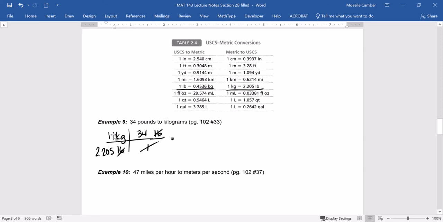Okay, so pounds cancel, I'm left with kilograms, so then I do the math. So I have 34 divided by 2.205, which is 15.42 kilograms. So 34 pounds is going to be the same as 15.42 kilograms.